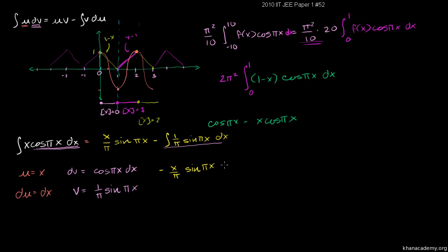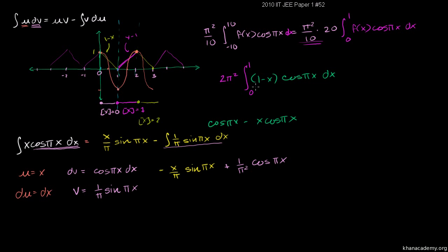The negatives cancel out, so you have plus, and then you have the 1 over pi times 1 over pi squared cosine of pi x. That's the antiderivative right there. And you can verify. Derivative of cosine of pi x is going to be negative pi sine of pi x. The pi will cancel out here. You get a negative sign, and then you have a sine of pi x. So this is the antiderivative of that.